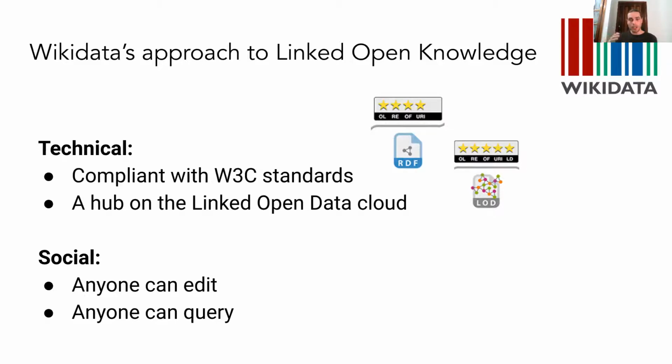It's resolvable. It can be translated to RDF, which is a standard for graph databases and can be interoperated in this sense with other resources. And it's a hub on the linked open data cloud. It's connected to many other linked open data sources, thereby making this knowledge fully integrated with the semantic web.